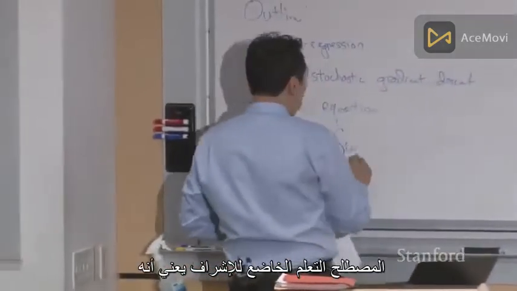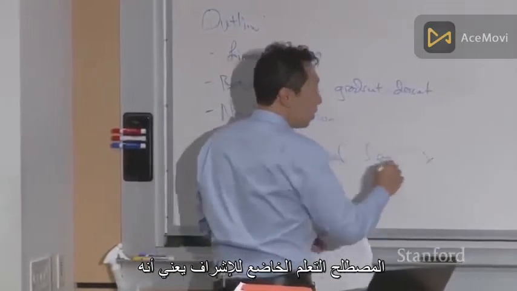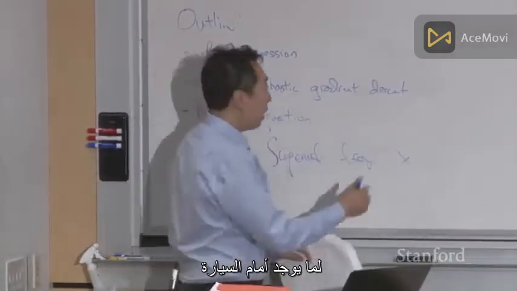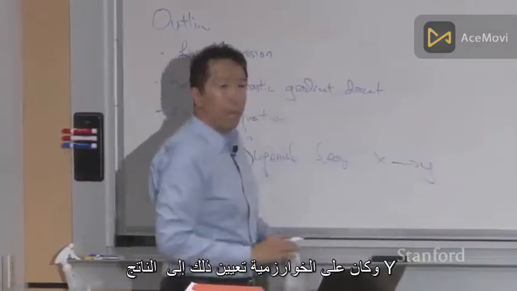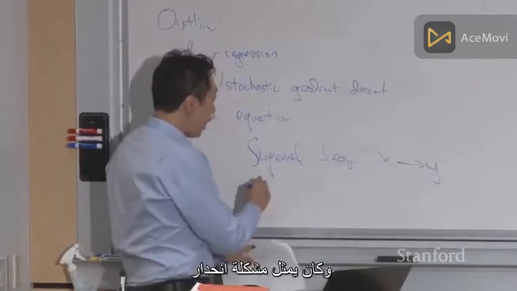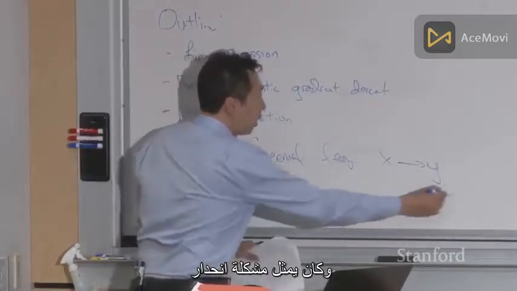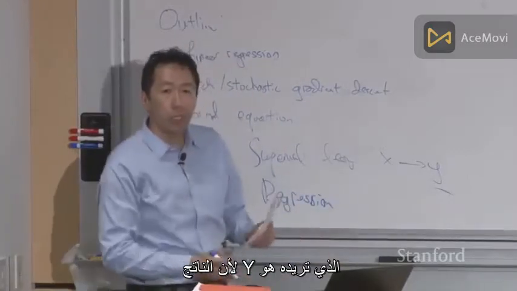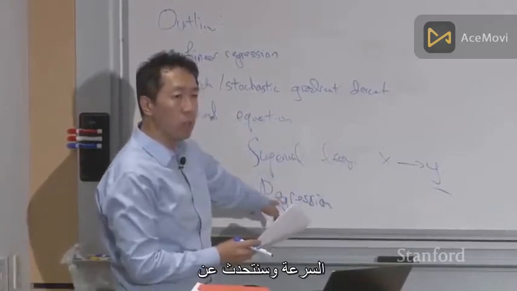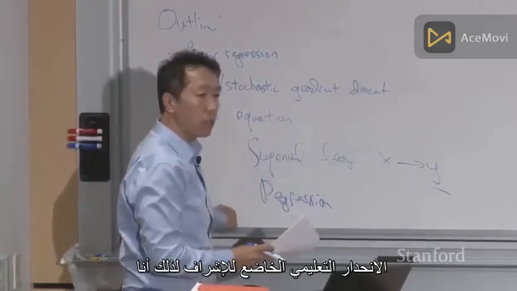The term supervised learning meant that you were given X's, which was a picture of what's in front of the car, and the algorithm had to map that to an output Y, which was the steering direction. And that was a regression problem because the output Y that you want is a continuous value, as opposed to a classification problem where Y is discrete. We'll talk about classification next Monday, but supervised learning and regression.